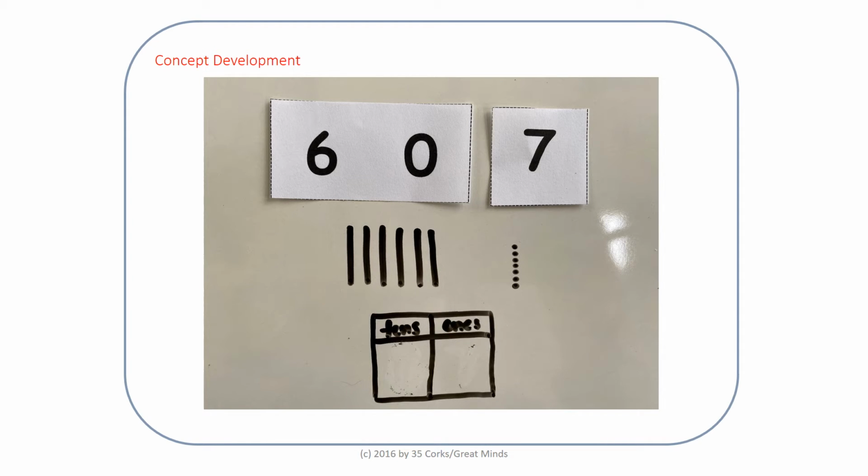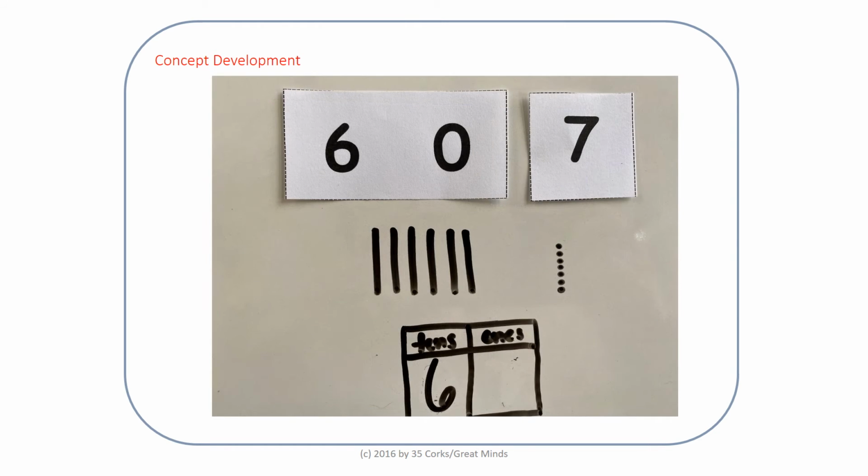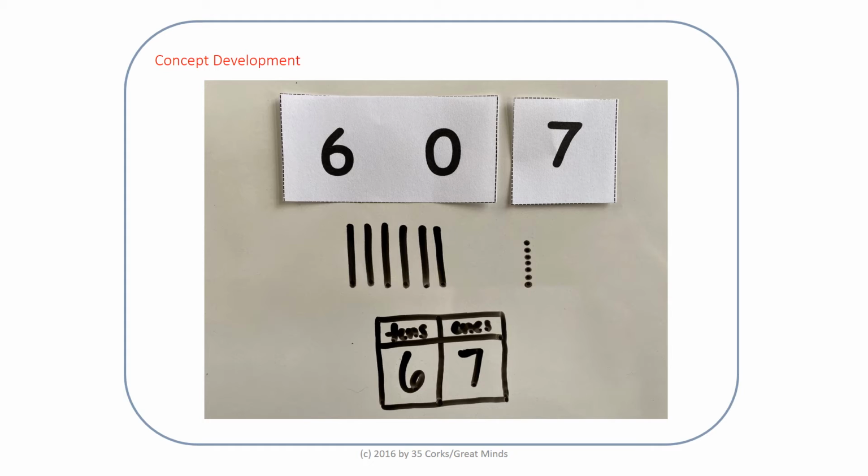Looking at our first part, how many 10s are in the number 67? Good, we saw 6 tens. How many ones are in the number 67? Good, there's 7 ones. You can see it in our quick 10 drawing, and you can see it in our cards at the top.